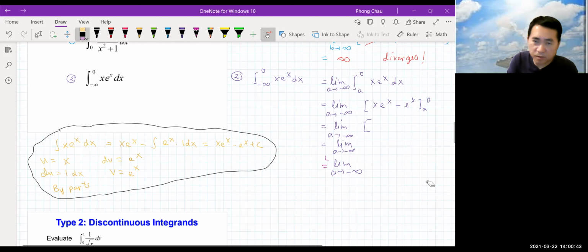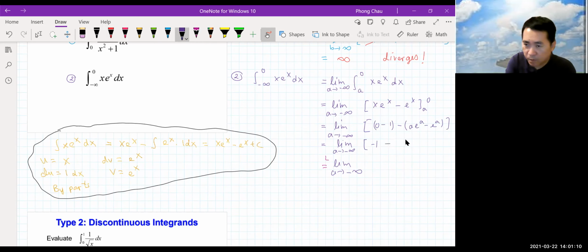When you plug 0 in, it's now 0 minus e to the 0, which is 1. Then subtract a e to the a minus e to the a. So here we still have negative 1, negative a e to the a plus e to the a.